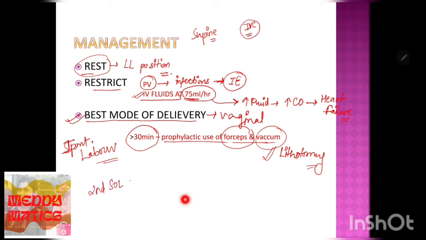If the second stage remains for more than 2 hours in nulliparous, and in multiparous for more than 1 hour, it denotes that the second stage of labor is prolonged. So just go for prophylactic use of forceps or vacuum.